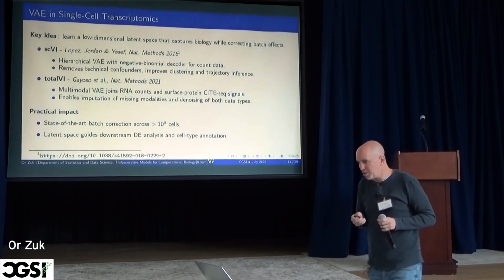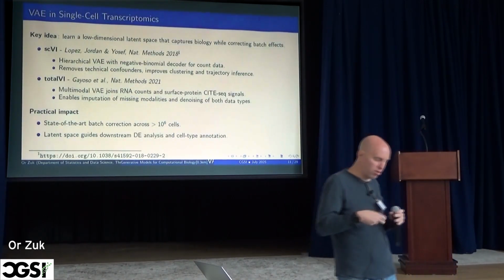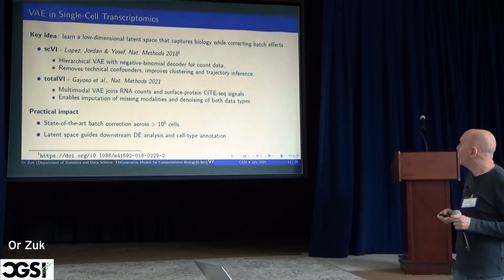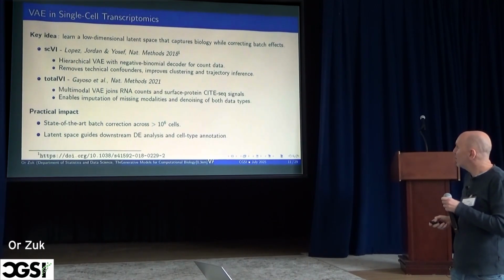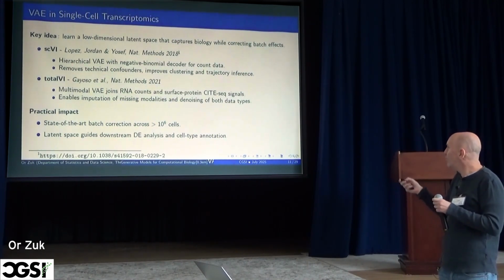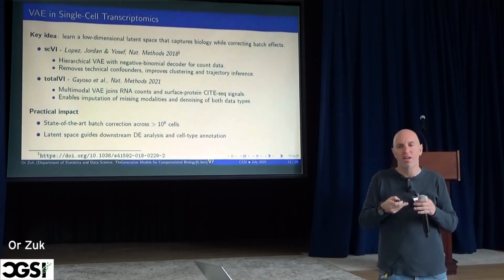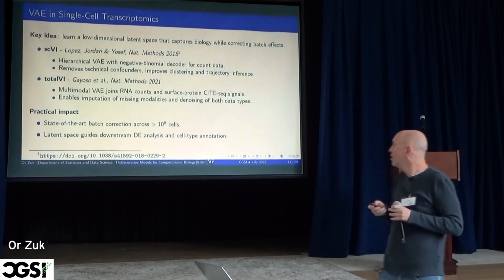Now let's talk a little bit about applications. While I talked about the application of sampling new examples, there are also other applications of interest. I just highlighted a few methods in the single cell expression analysis field, but there are many others.